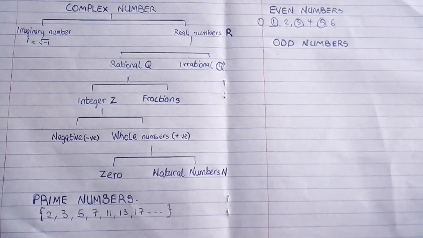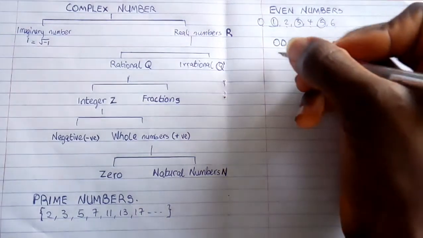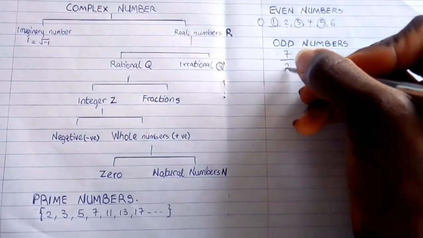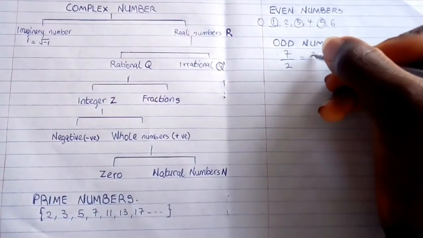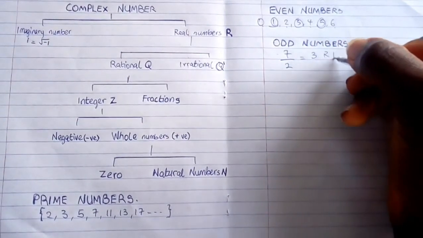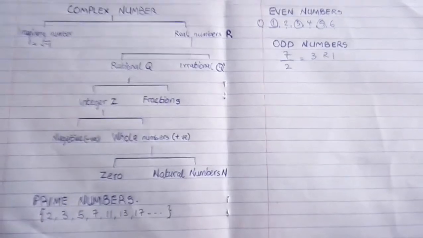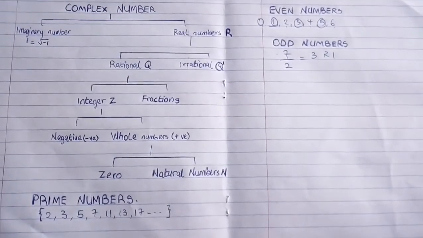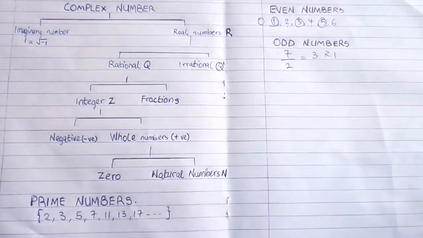Let's take 7. 7 divided by 2 equals 3 remainder 1. These are odd numbers.